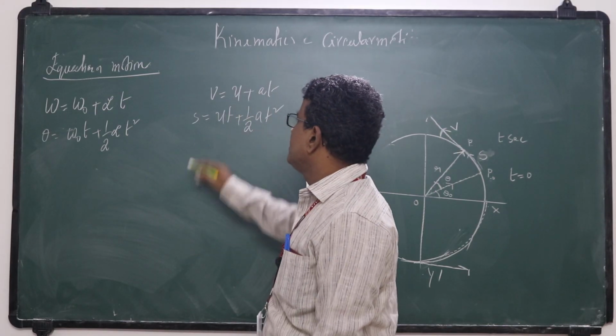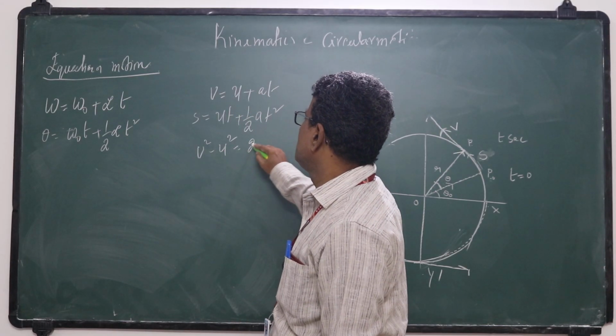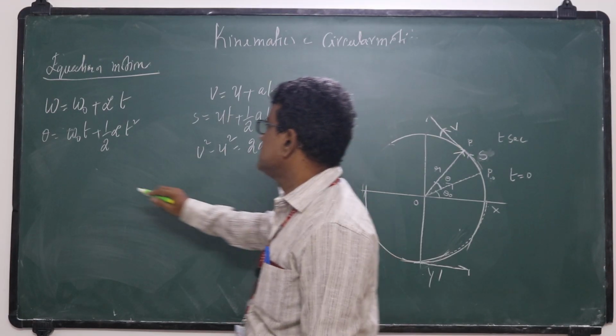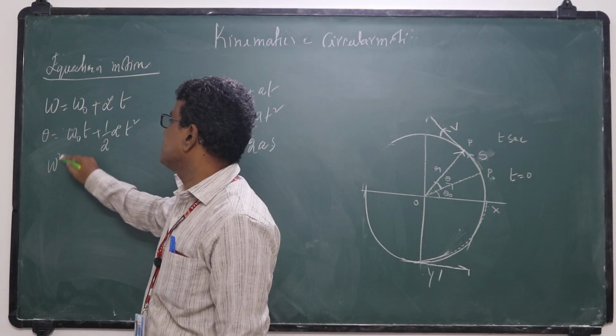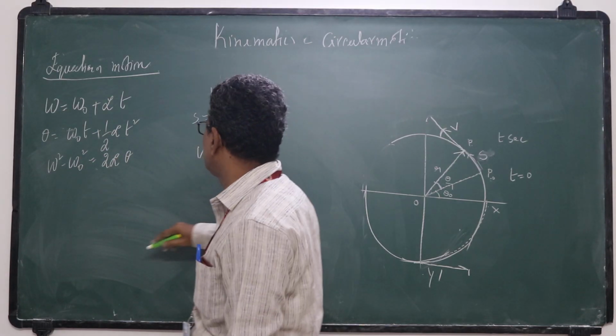And v square minus u square is equal to 2as, that is omega square minus omega naught square is equal to 2 alpha theta.